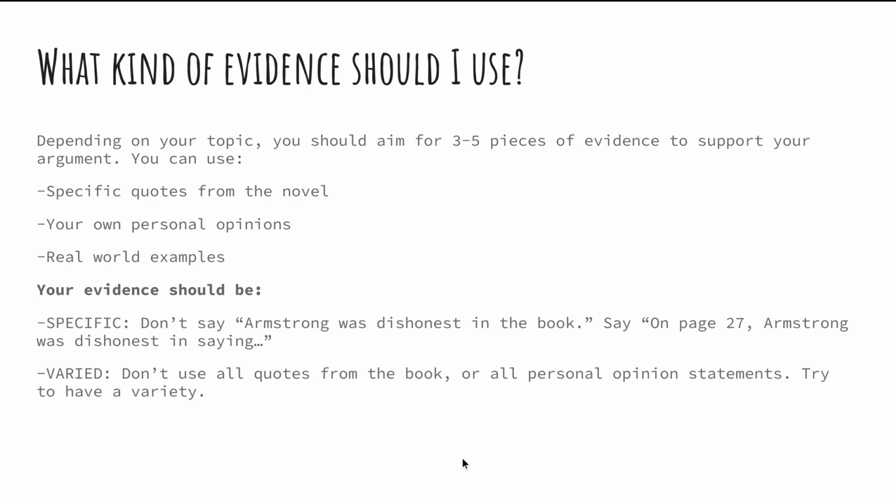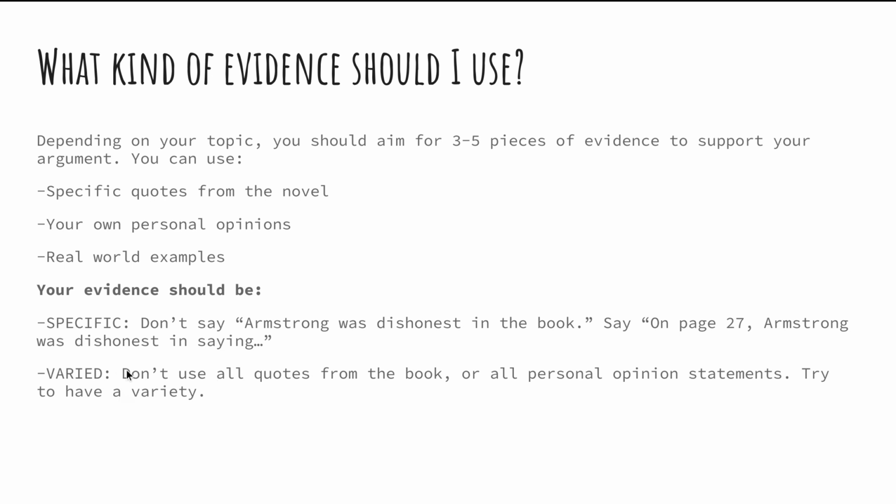So I want to pick out evidence that's supported. So again, instead of saying he's dishonest in the book, I could say something like, on page 27, Armstrong was dishonest in saying, and then finish that sentence off by giving the specific example or a specific quote that Armstrong said that was dishonest. Makes for a far more valid argument, and that's what we aim for in academic writing.